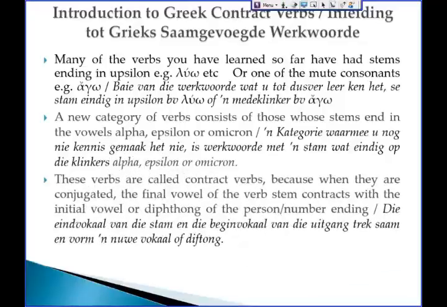Okay, that's what we are coming to. These verbs are called contract verbs because when they are conjugated, look at that. When they are conjugated, the final vowel of the verb stem, I'm not talking about the person ending, contracts with the initial vowel or diphthong of the person ending or the number.